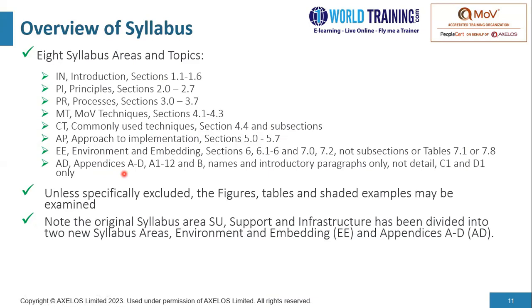So this particular course has been divided into modules to cover each of these syllabus areas. Unless specifically excluded, the figures, tables, and shaded examples may be examined. Note the original syllabus area, support and infrastructure, has been divided into 2 new syllabus areas, which are environment and embedding, and appendices.